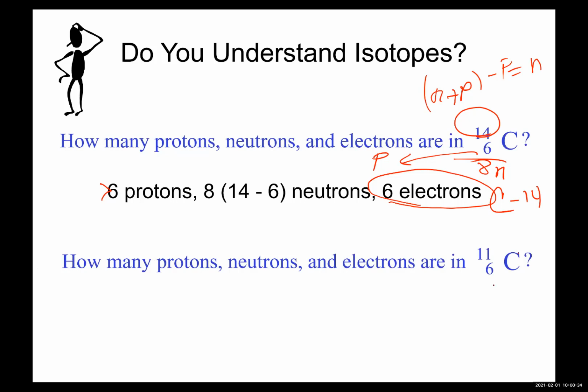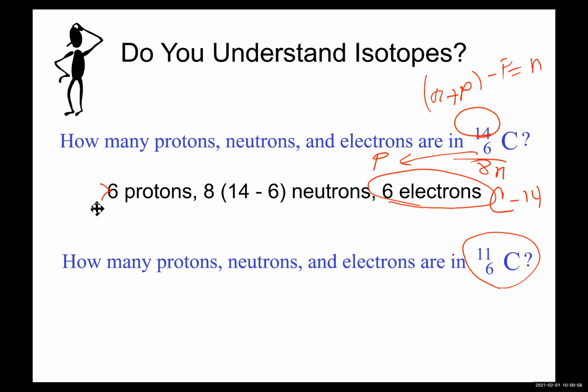Is there such a thing as carbon-11? Yes. That's one of the isotopes of carbon. Could somebody tell me how many protons in carbon-11? How many protons in carbon-11? 6.